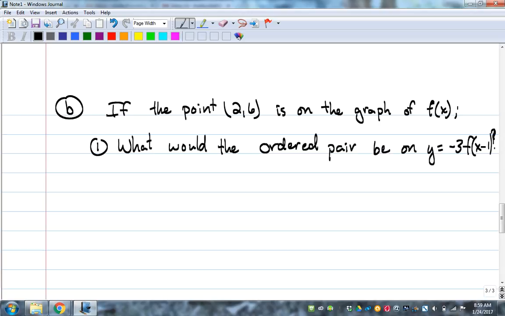So if I subtract 1 from the x value, what's my ordered pair? 1. And then I would multiply the y value by -3, because that's what this transformation says to do. -18.